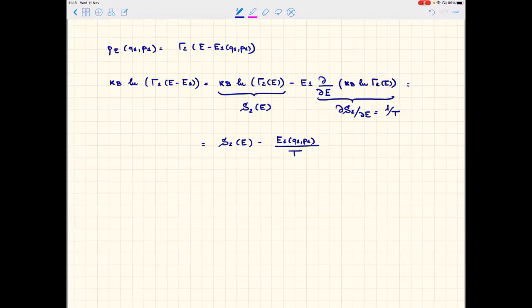I think it's okay. Given by this formula here.